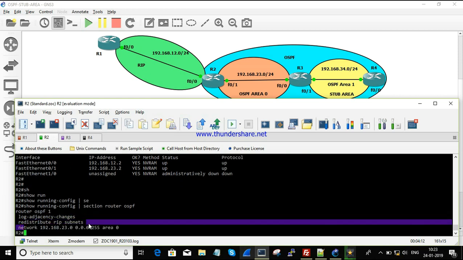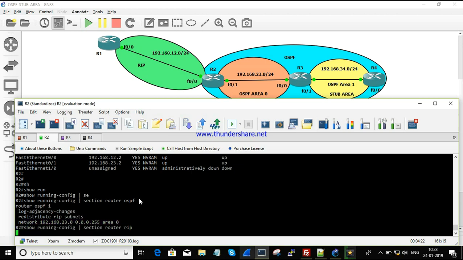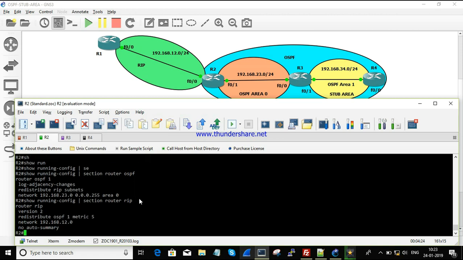Here I have advertised 23.0 in area 0, which is nothing but this interface's information, 23.0 in area 0. Next is RIP. RIP has 12.0, and this interface information is given into the RIP part, and both the information is being redistributed.